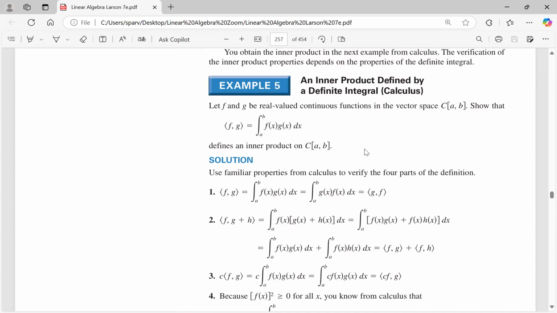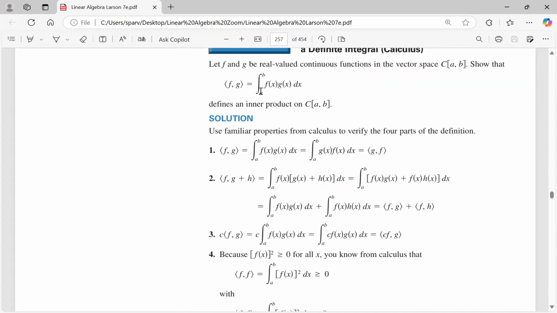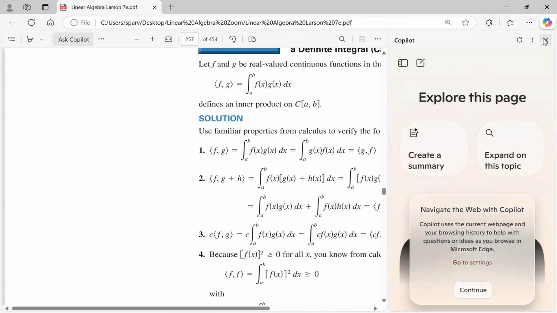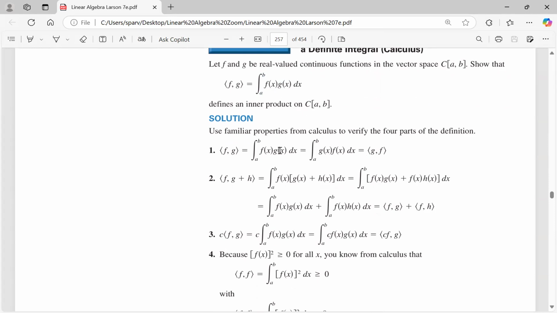The way it's defined, here's our dot product, is a definite integral of f times g.